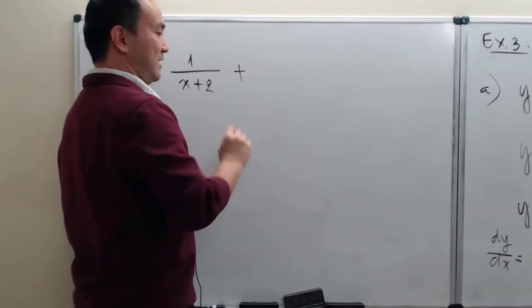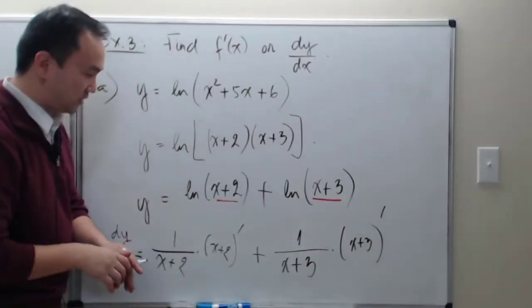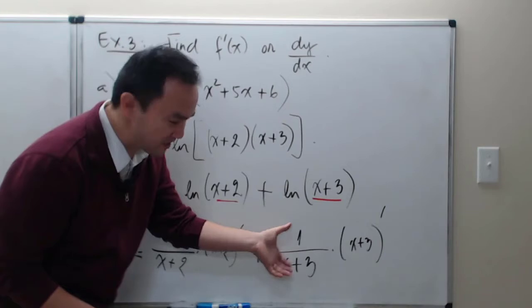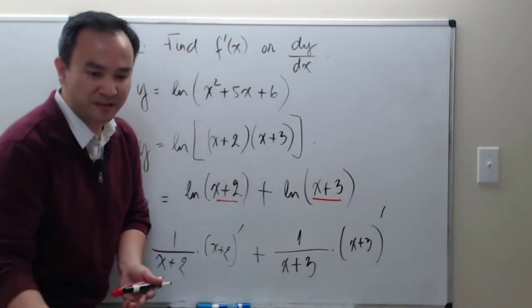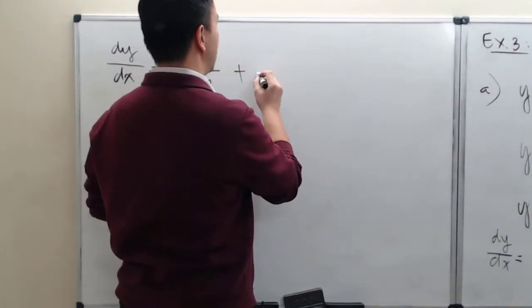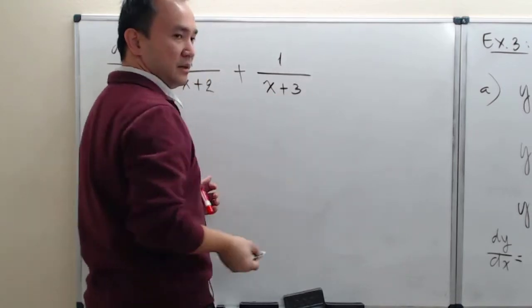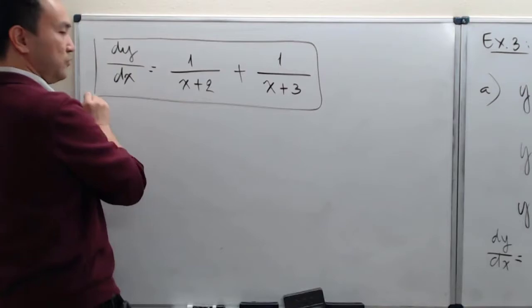And now plus, let's find out the final derivative for this next term right here. We already had half of that done. The derivative of x plus 3 becomes a 1 again. So now my next term in the next step becomes 1 over x plus 3. And so now we're done. Officially speaking, we're done.